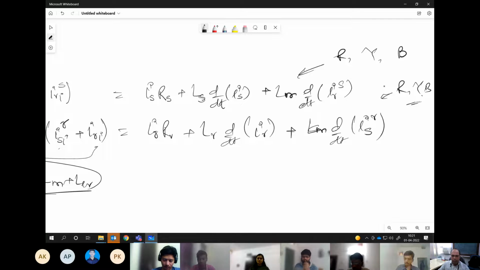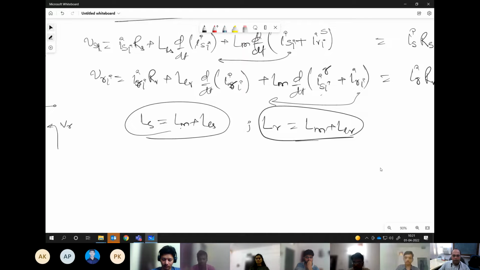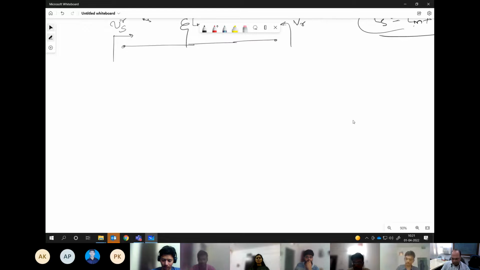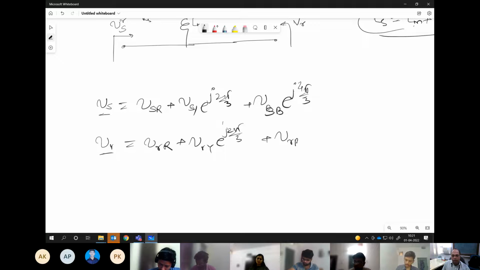So I can write the combined equation for all three phases, which means I can write the stator vector. For the stator vector, we have seen that it is written as Vsr plus Vsy e raised to the power j2π/3 plus Vsb e raised to the power j4π/3. Similarly, the Vr vector also we can write: Vrr plus Vry plus Vrb.